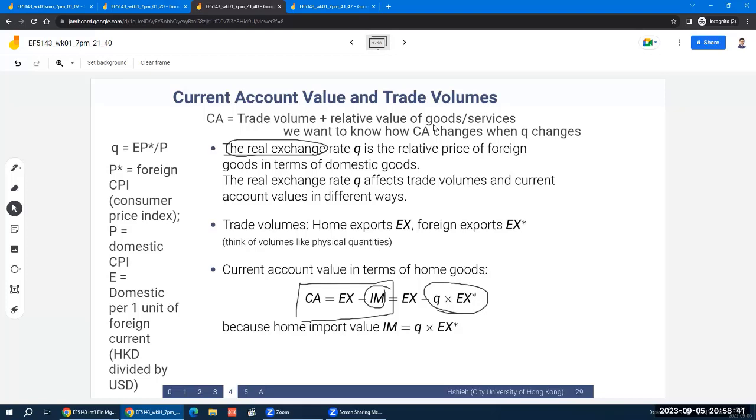Because P star is increasing, Q is increasing, and the minus sign is going to be more negative, and the current account decreases. That's what's called the relative value of goods effect. It's not important now, but it's important to keep this in the back of your head. It's not an interpretation of the account. It's just a way to think about what changes what in the current account equation.